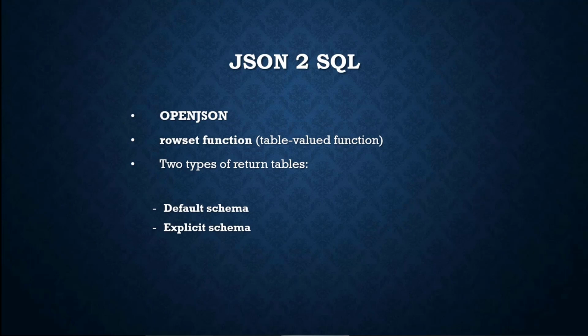The first is with default schema, meaning that when the schema is not specified, it returns three columns: key, value and type. And the explicit schema is a user-defined schema, meaning that the return columns are defined by the user, also similar in the XML world.